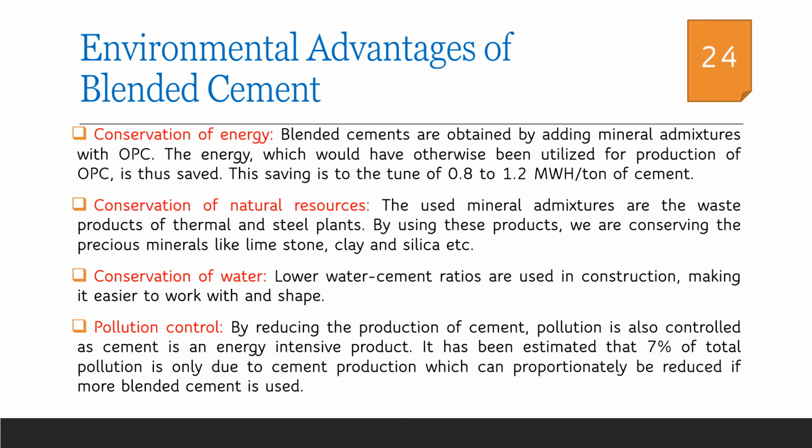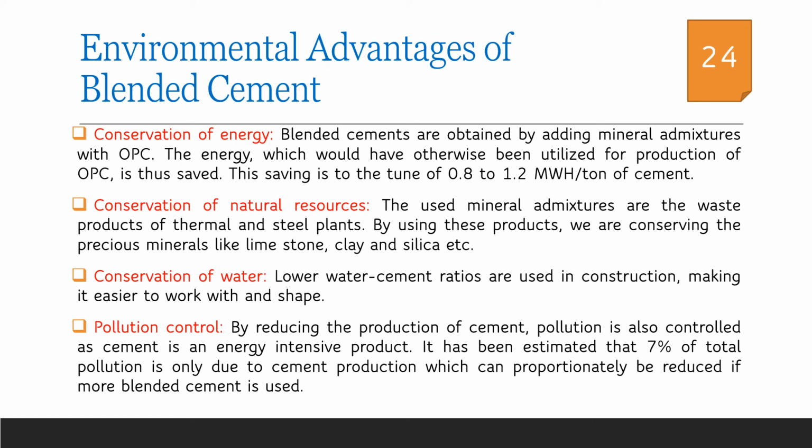Environmental advantages of blended cements are conservation of energy, conservation of natural resources, conservation of water, and pollution control. Considering the conservation of energy, blended cements are obtained by adding mineral admixtures with OPC. The energy which would have otherwise been utilized for the production of OPC can be saved when a part of OPC is replaced with the blended cements.